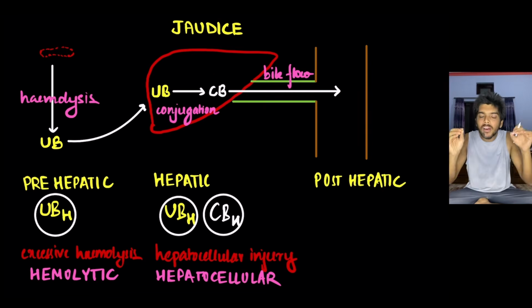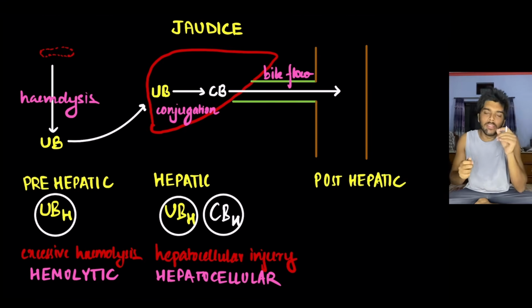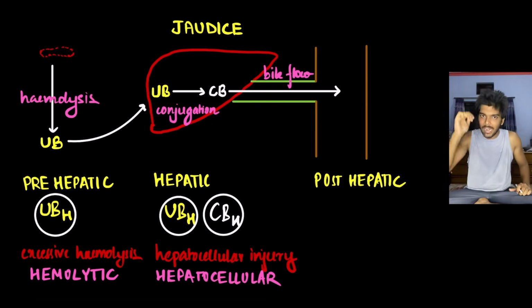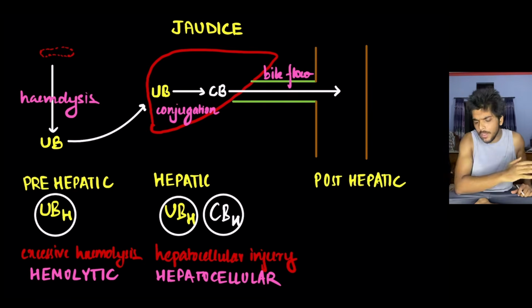There's your liver, there's your left hepatic duct and right hepatic duct that combine to form the common hepatic duct, that meets with the cystic duct, resulting in the formation of common bile duct, that meets the pancreatic duct, forming the hepatopancreatic duct that leads to the ampulla of Vater that opens into the second part of duodenum via the sphincter of Oddi. You know that, right? So bile comes through all these ducts and enters the second part of duodenum. Along with the bile comes conjugated bilirubin as well.